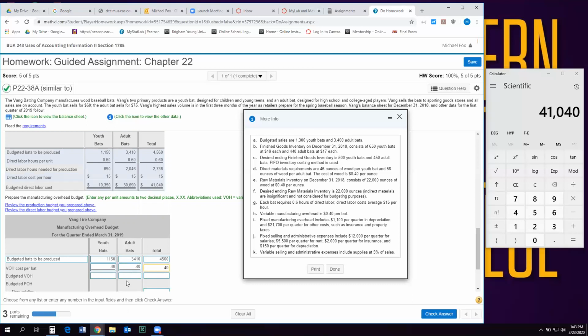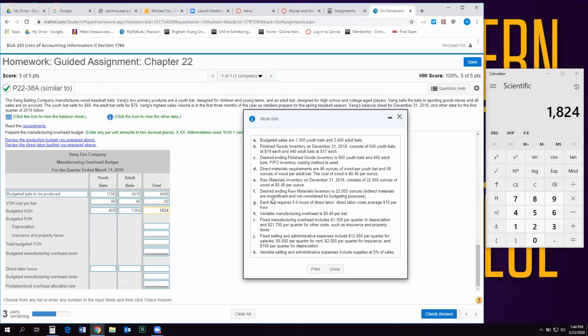So our budgeted variable overhead is just the number produced times the variable overhead per bat. So 1,150 for the youth bats times 0.4 is 460, and 3,410 times 0.4 is 1,364. So 1,364 plus 460 is 1,824 in total variable overhead.